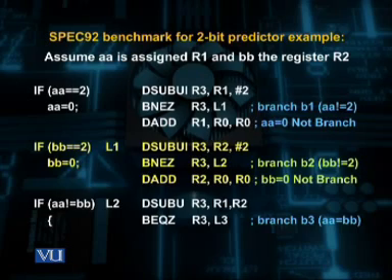For example, the behavior of the first if, where if AA is equal to 2, then we have to make the AA value equal to 0. This can be implemented by using this 3-line code, that is, subtract unsigned immediate R3, R1, number 2.